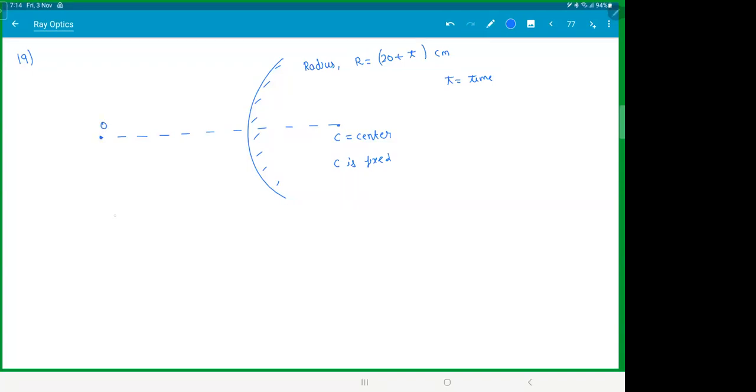Object is here. And let's say this distance is 40 centimeters. And this object is at rest, okay? O is not moving. Find velocity of the image at t is equal to 20 seconds.